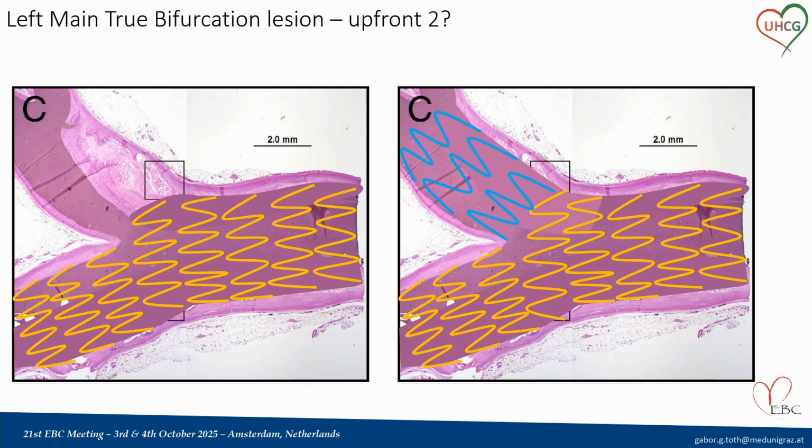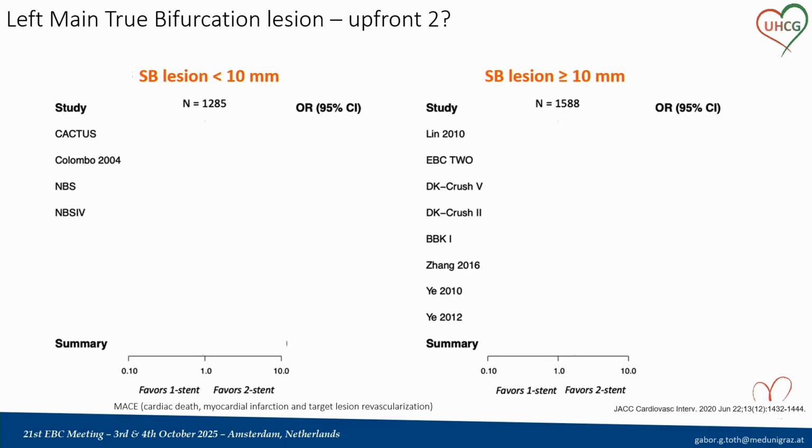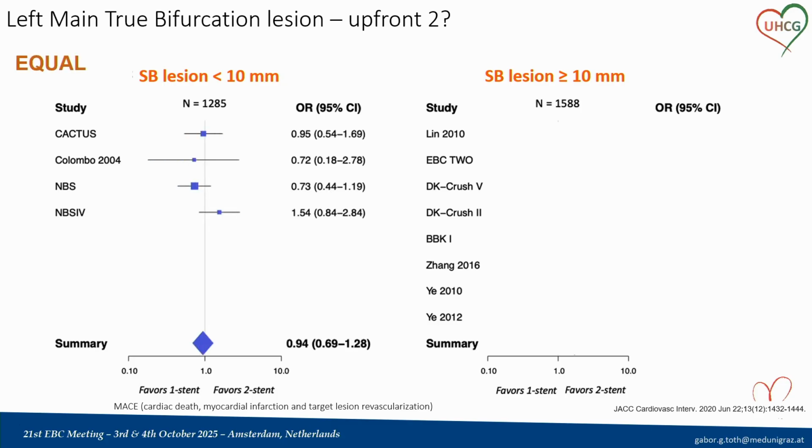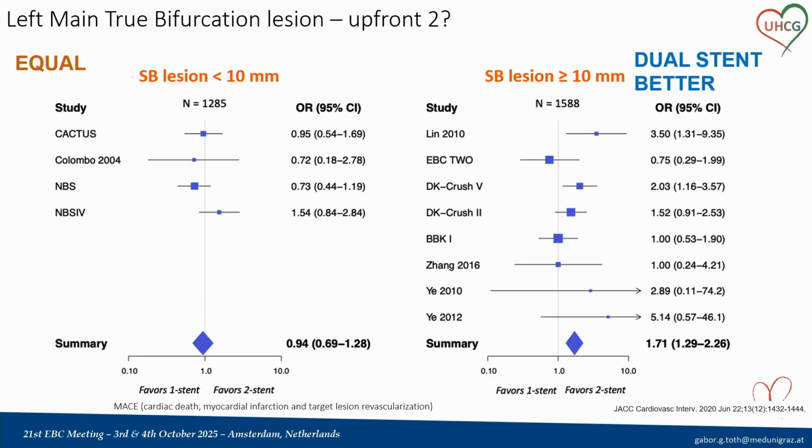So one would consider that if it is the Achilles heel, then take a booth and cover it. There are some research data suggesting that if in a side branch you have extensive disease, then dual stents might be better.